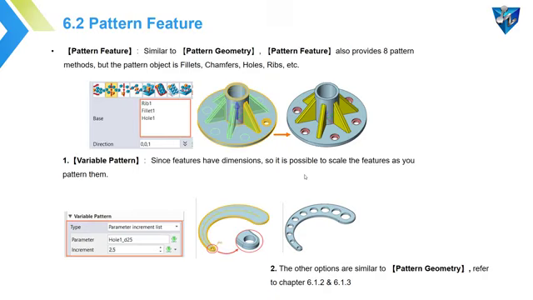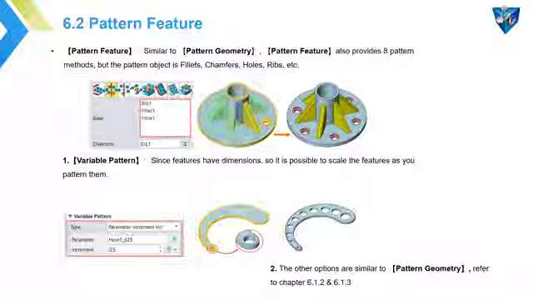And after pattern geometry, next I will introduce pattern feature. In ZW3D, fillet, chamfer, hole, rib, draft all belong to features. In ZW3D, we also provide 8 methods to make pattern for single or multiple features. And almost all the options are similar to pattern geometry.